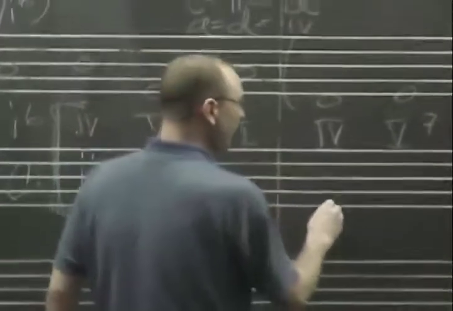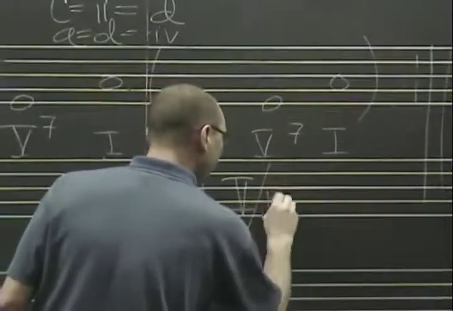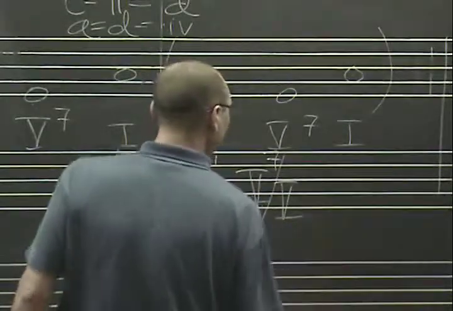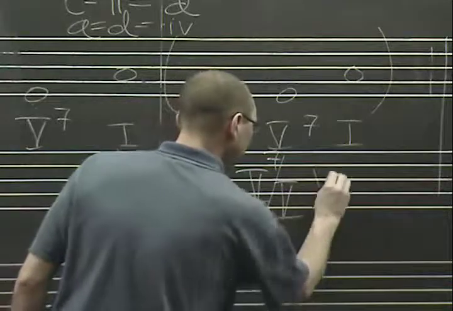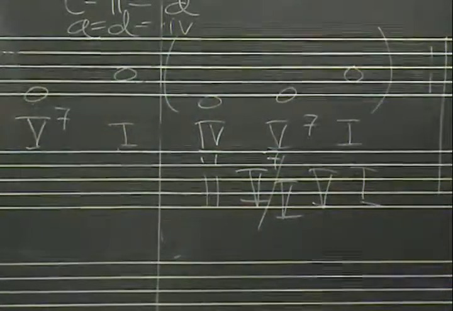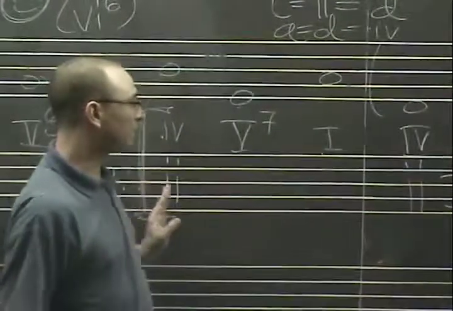Here to have 2, even 5 of 5 in the new key as a 7th chord, 5, and then 1. So it's kind of like you have 2 different chord progressions happening at the point of modulation.